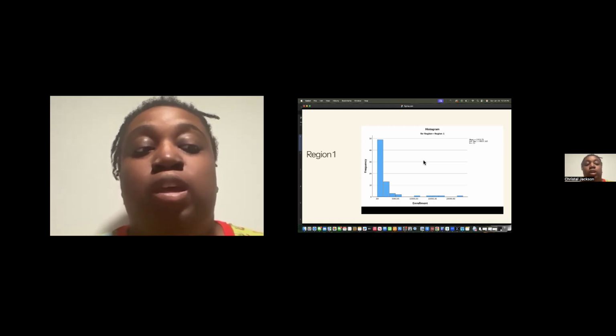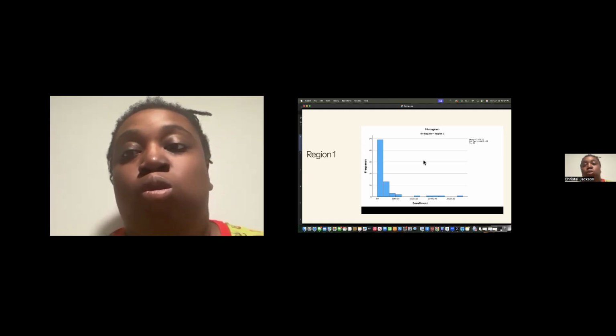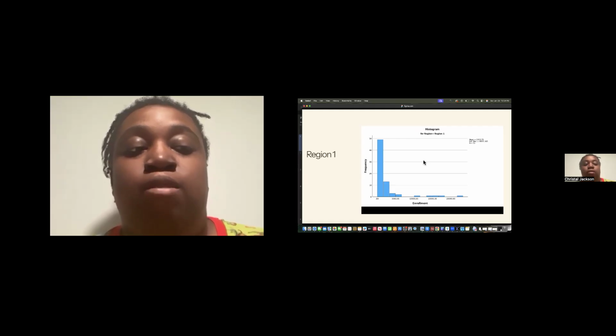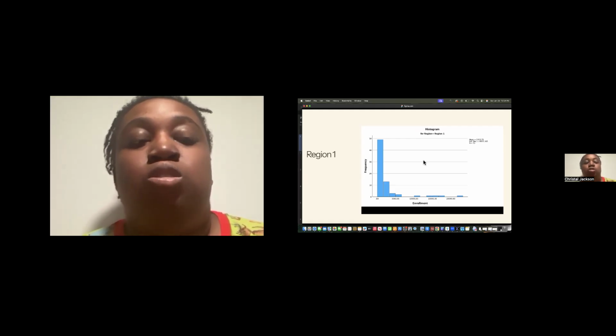Since I'm only checking the assumptions, I'll only be looking at the histograms of the enrollment for each region.